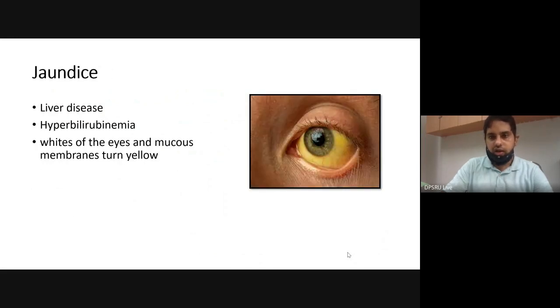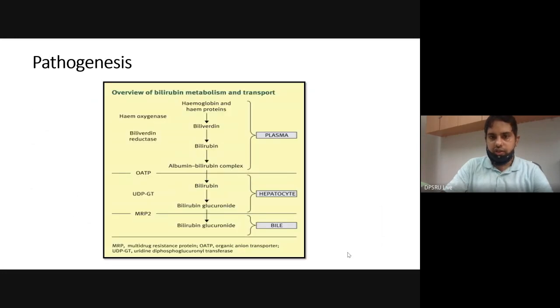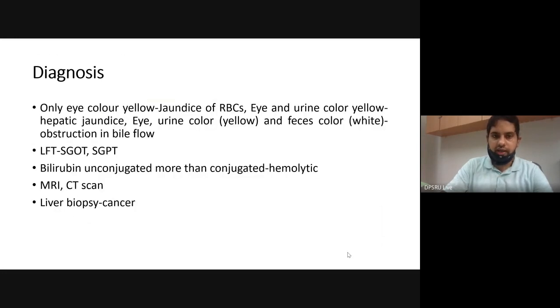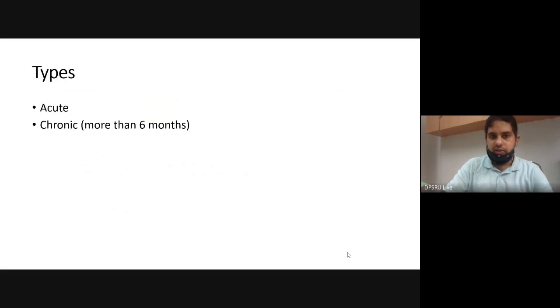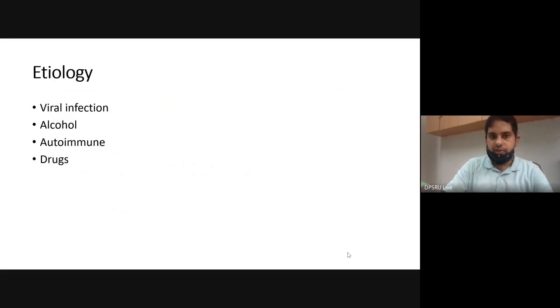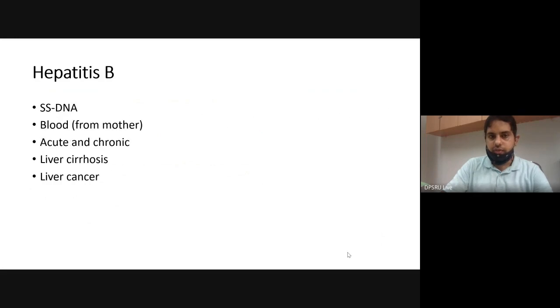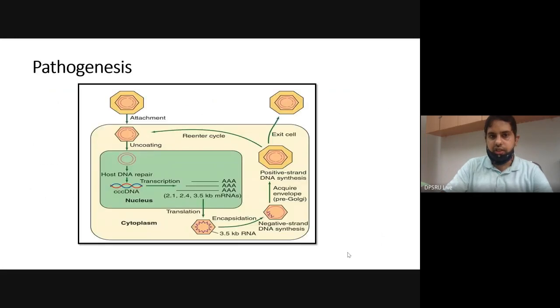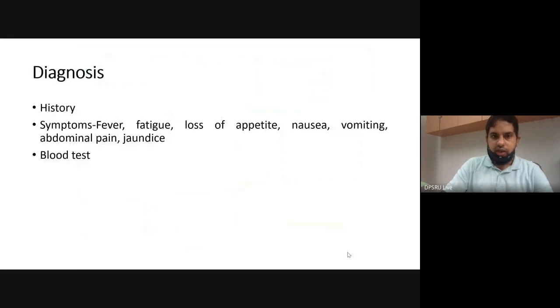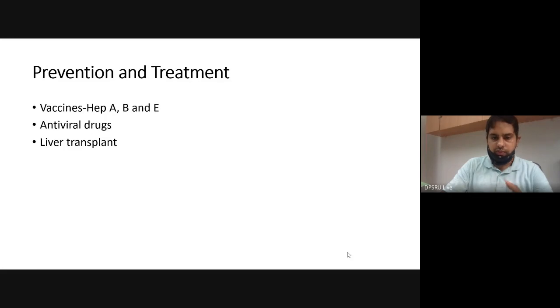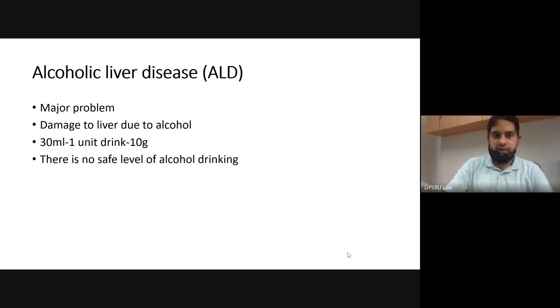Jaundice: its etiology, pathogenesis, how we diagnose it, and treatment. Hepatitis: we have discussed the types of hepatitis, etiology, different types B, C, D, E, and pathogenesis of hepatitis along with its clinical findings at different stages. Diagnosis, how we diagnose hepatitis, how we can prevent it and treat it.